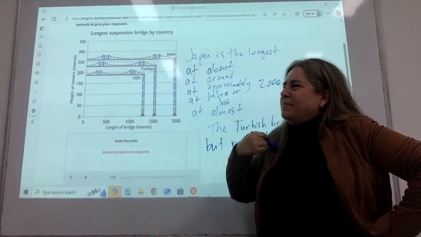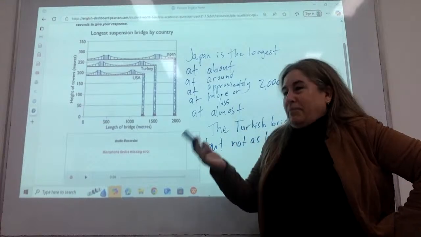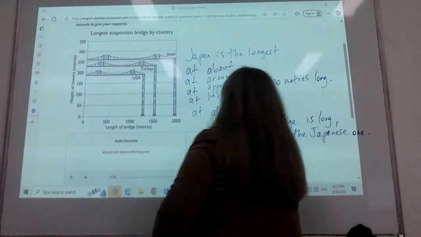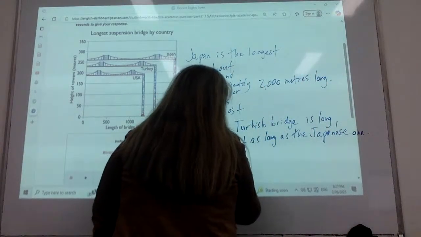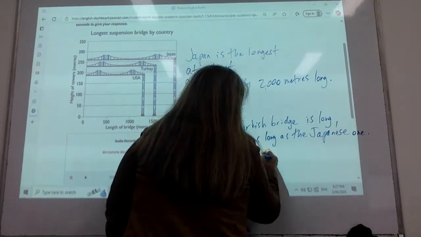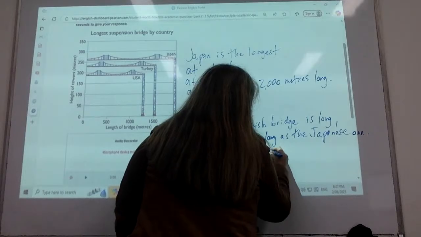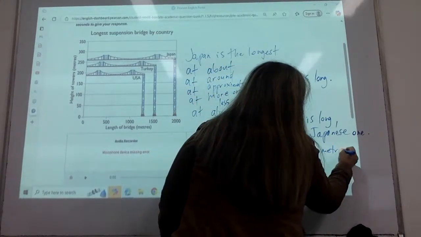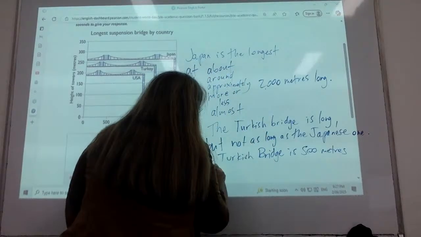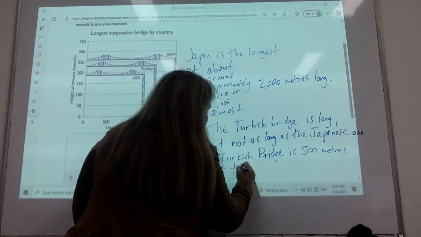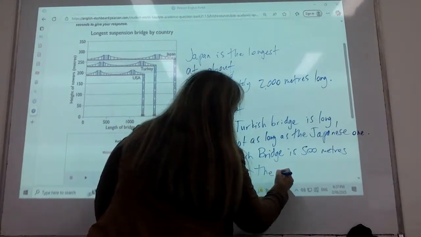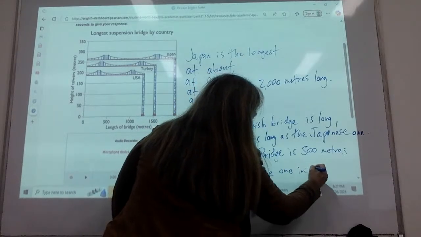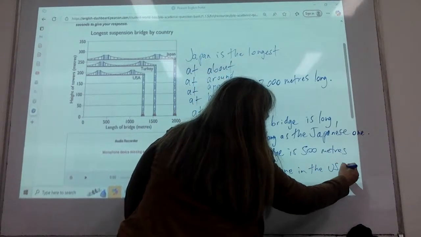So you would say the Turkish bridge is 500 meters longer than the one in the USA.